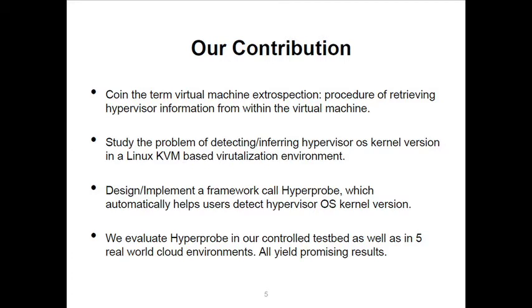We also present the design and implementation of a framework called Hyperprobe, which can help users in a cloud environment automatically detect the hypervisor kernel version. We also evaluated the framework in 5 real-world cloud environments as well as in our own controlled testing environment, all of which gave promising results.